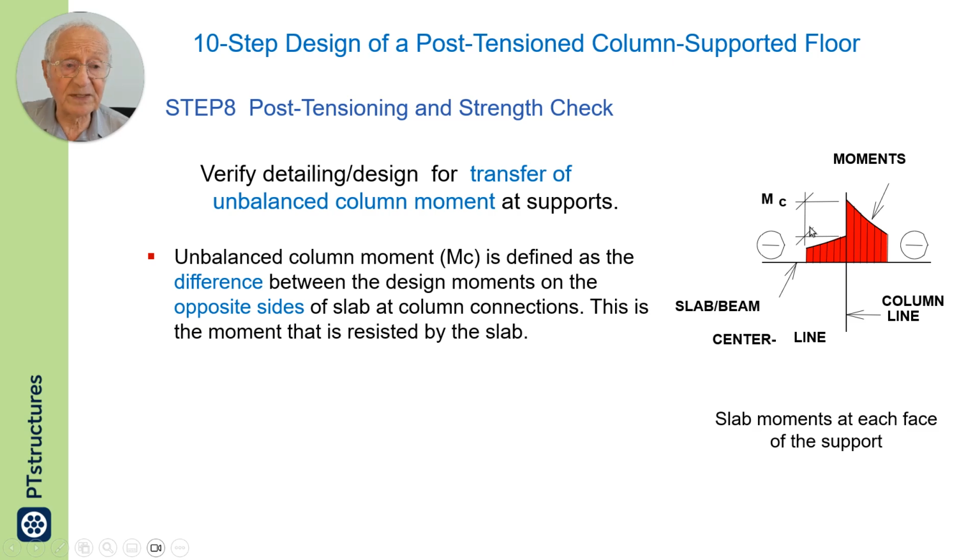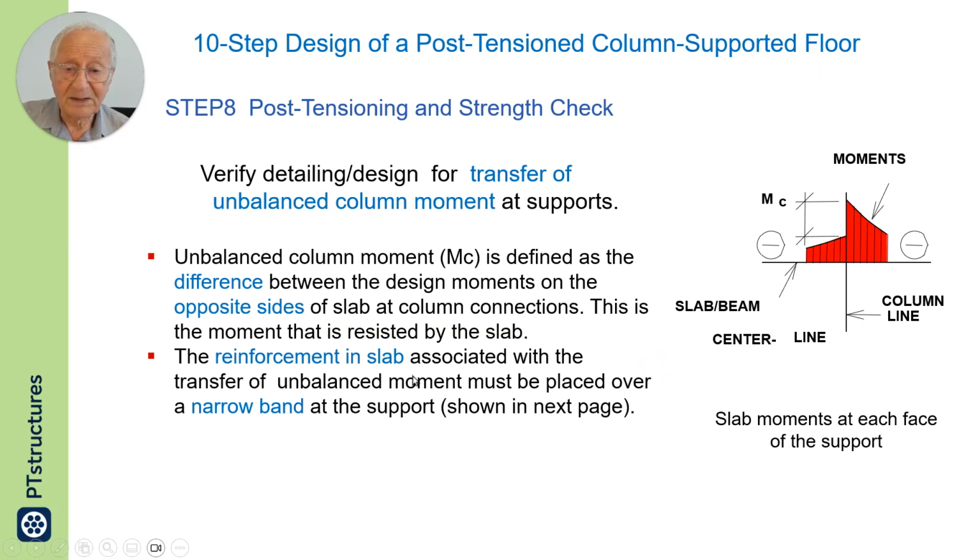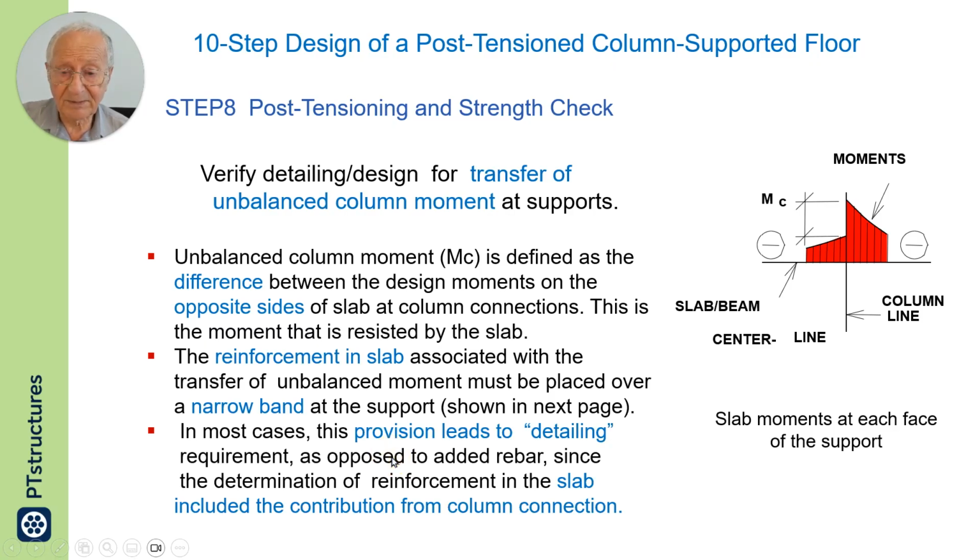That reinforcement is available because, in each case, we design the slab for the entire moment that is present. The reinforcement in the slab associated with the transfer of unbalanced moment must be placed over a narrow band of the slab.